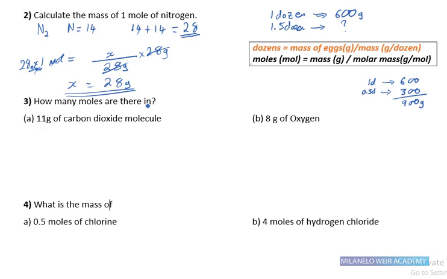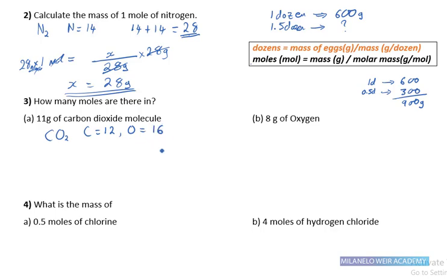How many moles are there in 11 gram of carbon dioxide? Carbon, okay. O level mo ba periodic table. Relative atomic mass get 12. Oxygen is 16.